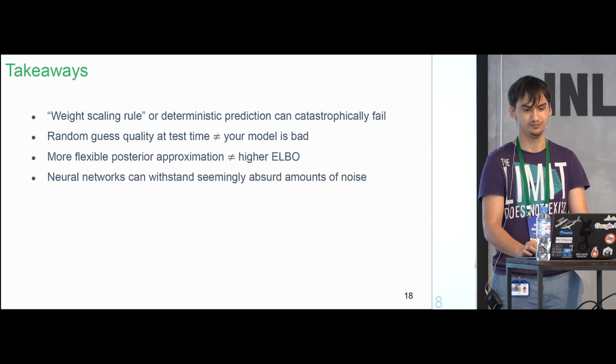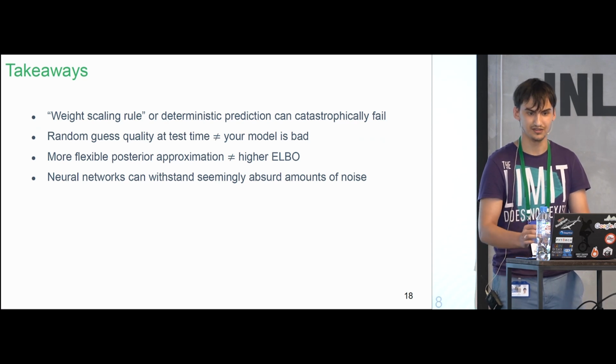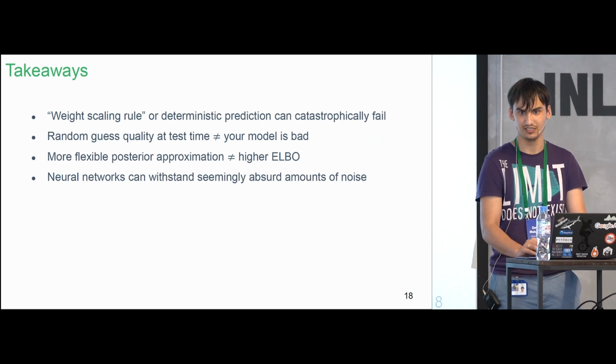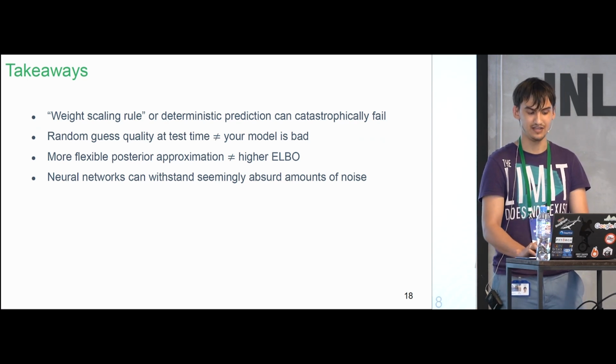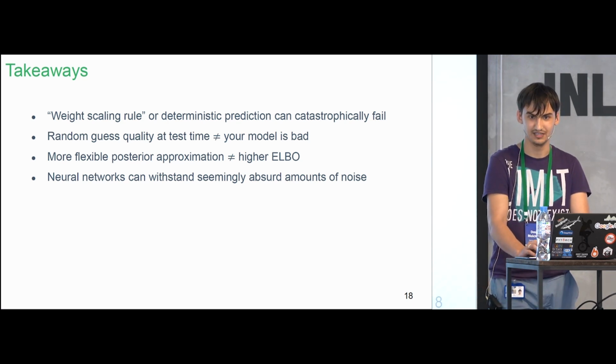In order to predict from this model efficiently, you need to either use distillation or use some other kinds of deterministic propagation techniques which are more accurate than the weight scaling rule. So if you obtain random guess quality at test time, it does not mean that the model is bad. It may just mean that you are not doing it correctly.